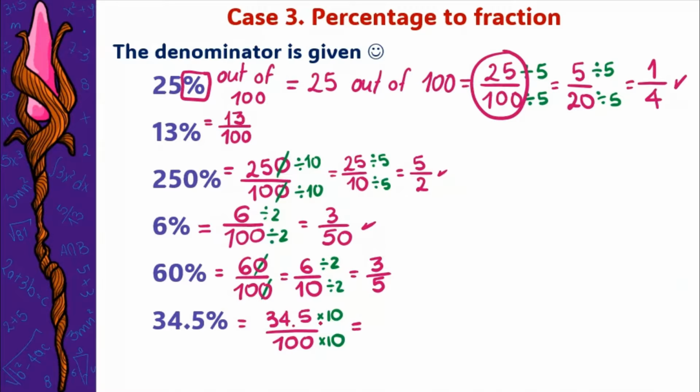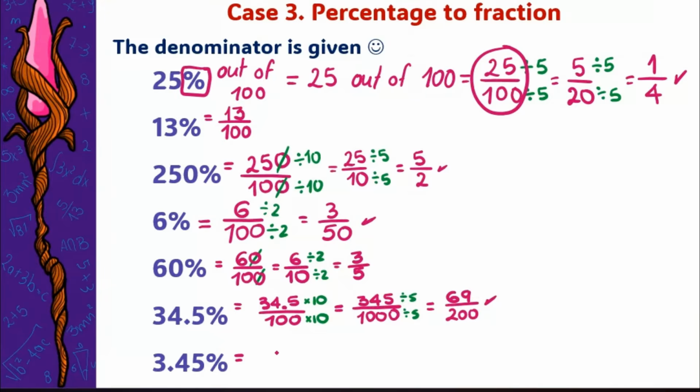So when we multiply by 10, it's like moving the decimal point one place. 345 out of 1000. That would be the fraction. And then we can simplify this one. It's a little harder because we have big numbers, but yes, we are able to simplify. Can divide by 5. Okay, we cannot simplify anymore, so this would be the answer.